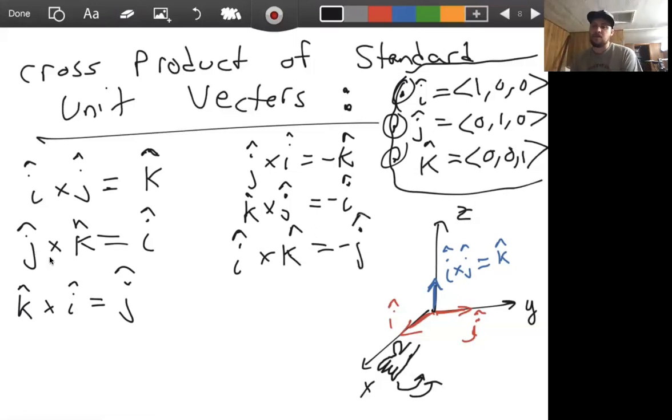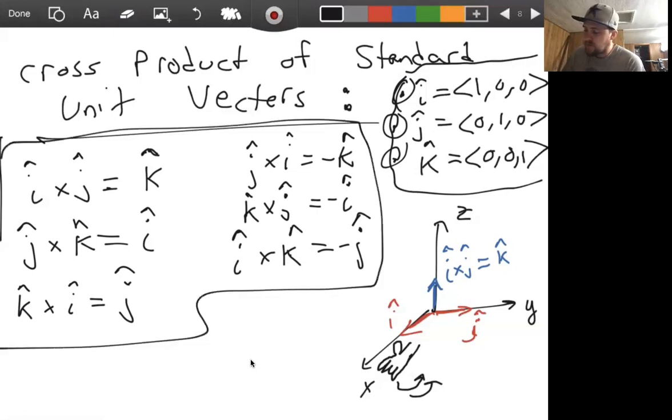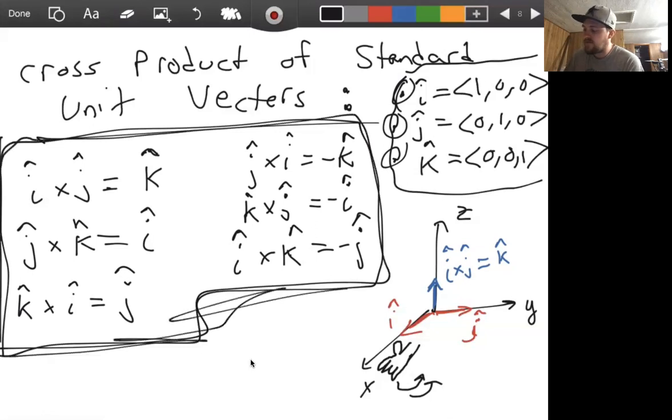A lot of hats here today. So I would definitely record these and keep them in mind. As we're going through computation, it can save your life, or it can make your life a lot easier when going through tedious computations here.